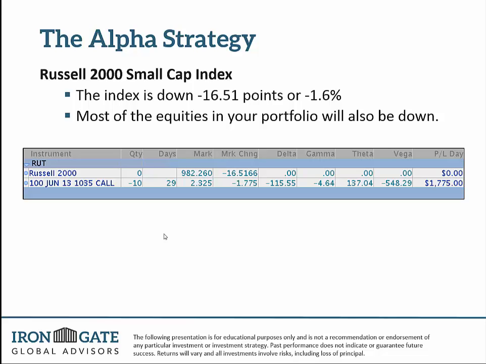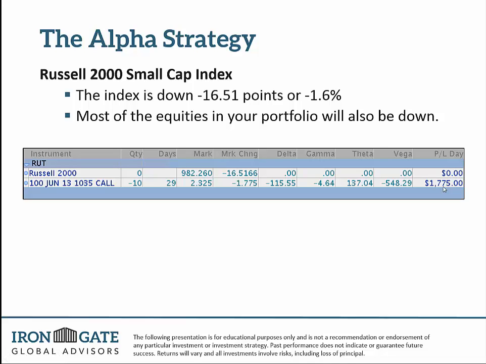We sold 10, you can see quantity 10, of the June 1035 call, right? Well, we learned in the Amazon example that when the market's down, those short calls make money. And that's the case here as well. We made on that short call $1,700. On a day when your portfolio is down, you're making money. Beautiful thing, right? Beautiful thing.